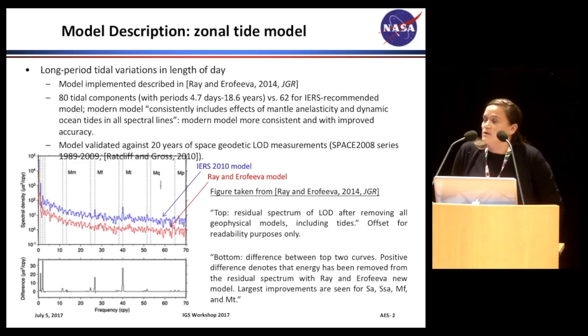In addition, whereas the IERS recommended model relies on the 1981 Yoder et al. model with subsequent adaptations and adjustments, this new model consistently includes the effects of anelastic mantle and dynamic ocean tides in all spectral lines. So the modern model is more consistent as well as more accurate.